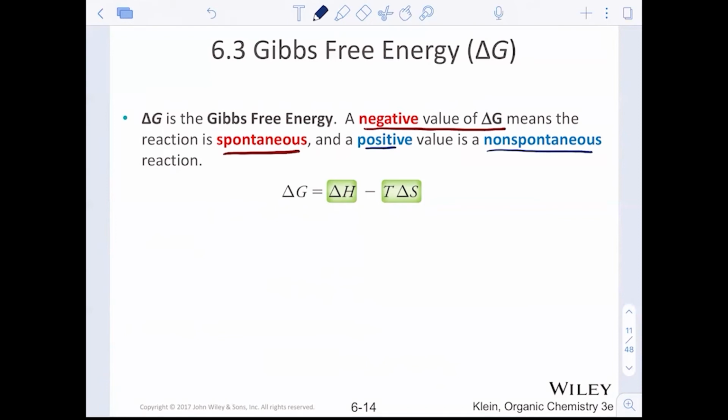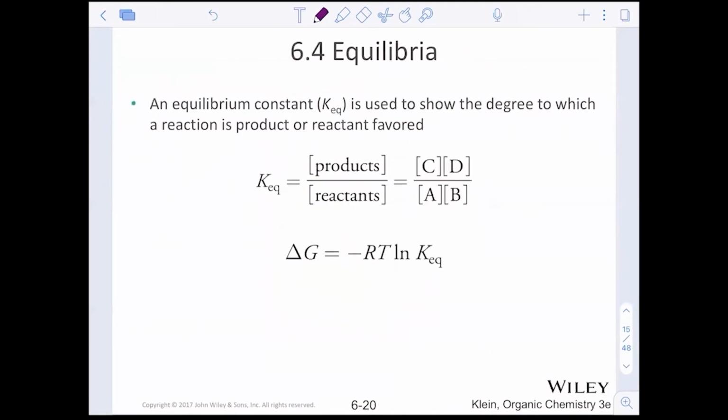So we're looking at the overall idea as being, well, if we can look at entropy and decide, and look at enthalpy and decide, is it favorable or not, then we can understand if the reaction itself is favorable.